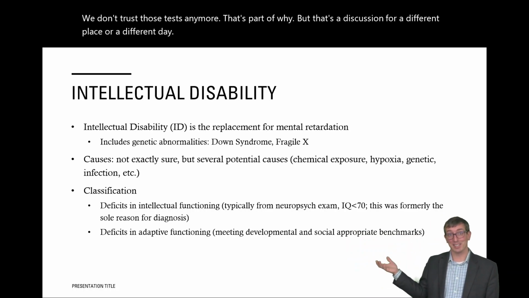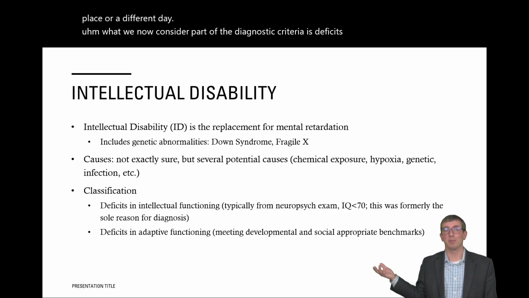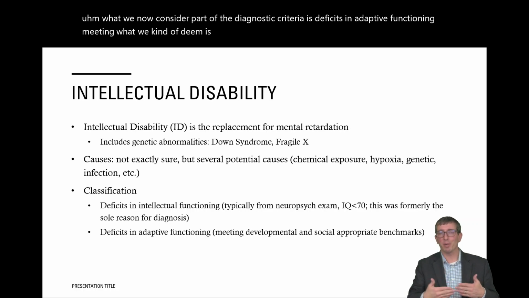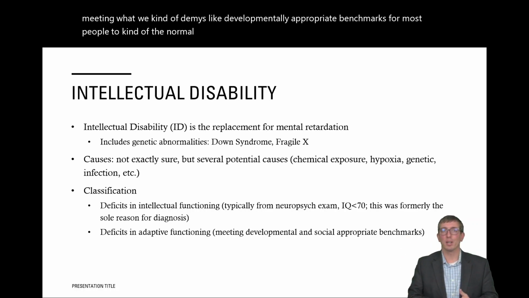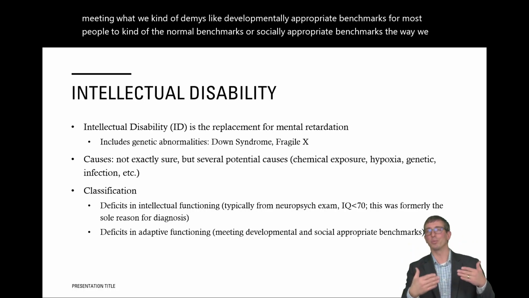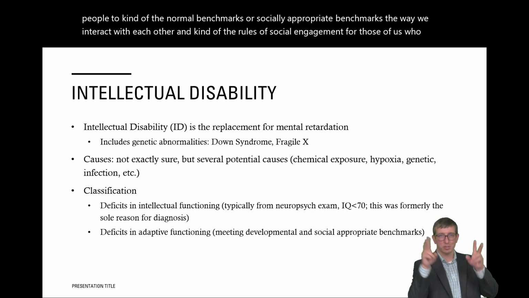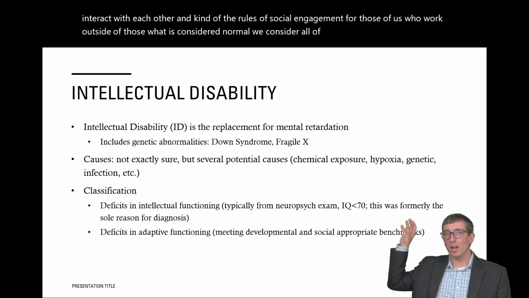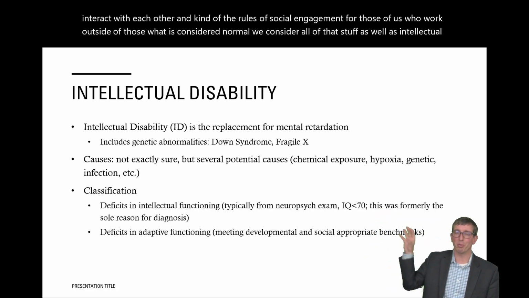What we now consider part of the diagnostic criteria is deficits in adaptive functioning, meaning what we deem as developmentally appropriate benchmarks for most people, the normal benchmarks, or socially appropriate benchmarks, the way we interact with each other and the rules of social engagement. For those of us who work outside of what is considered normal, we consider all of that as well as intellectual capacity, and those are both important here.